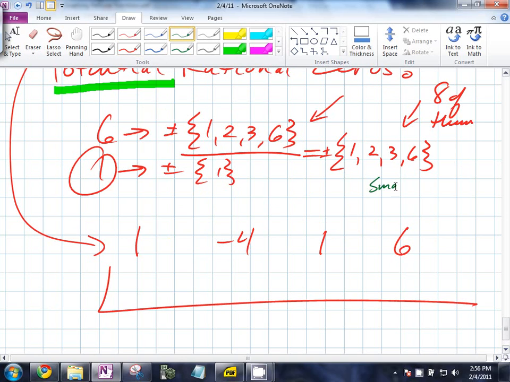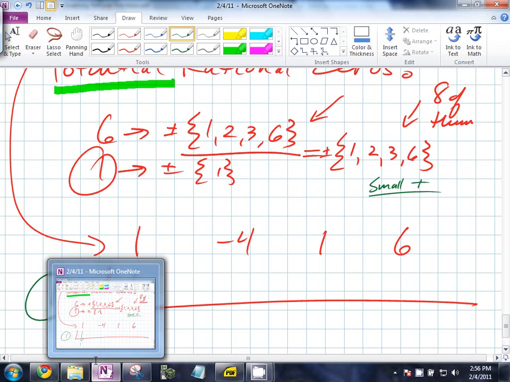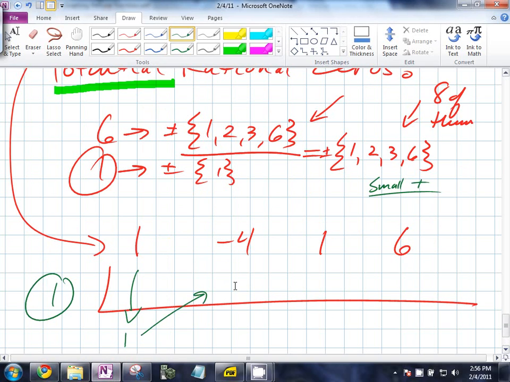The first thing you do is you drop down 1, and now you just start multiplying by the number that you started to test. So you multiply by 1, add, multiply by 1, add. What this tells us is that f of 1 is not 0, so therefore x minus 1 is not a factor.